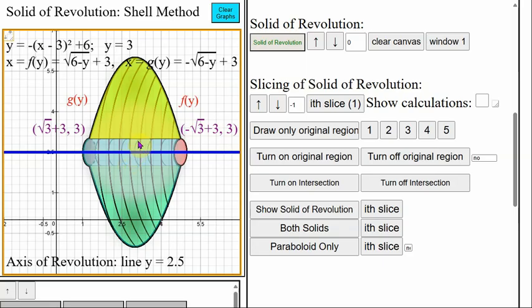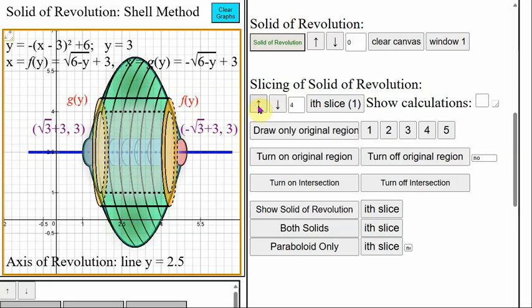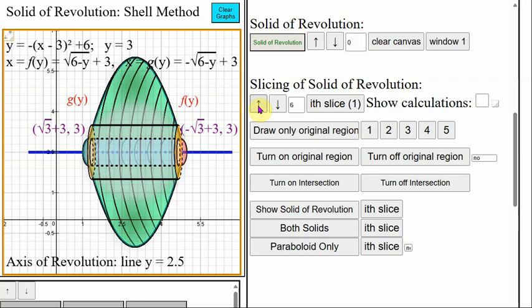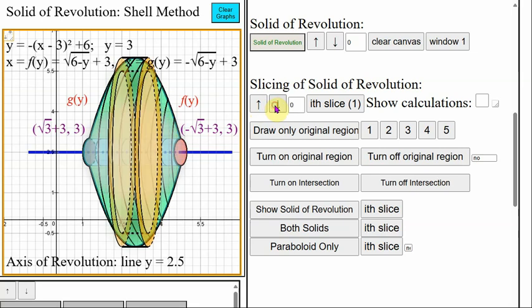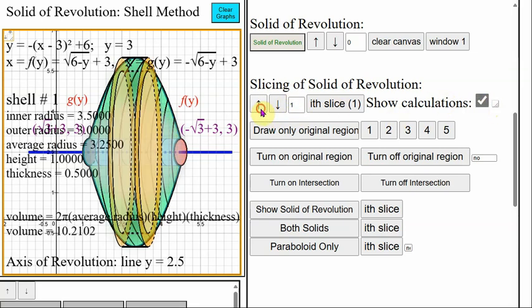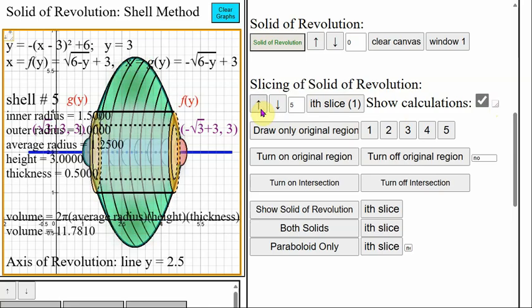I'm going to divide this solid of revolution into 6 cylindrical shells like this, and find the volume of each shell, then add the volumes together.